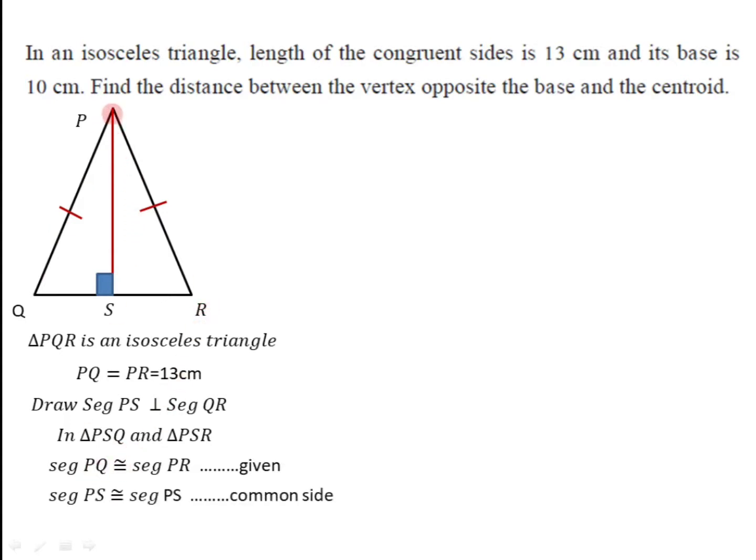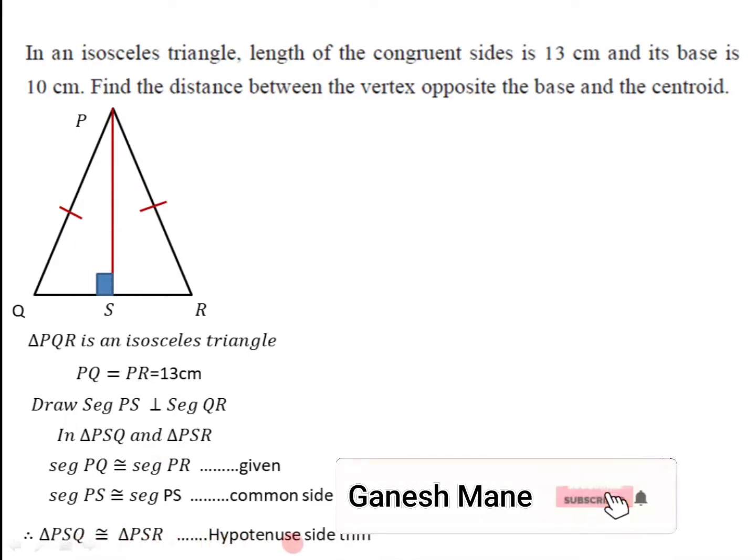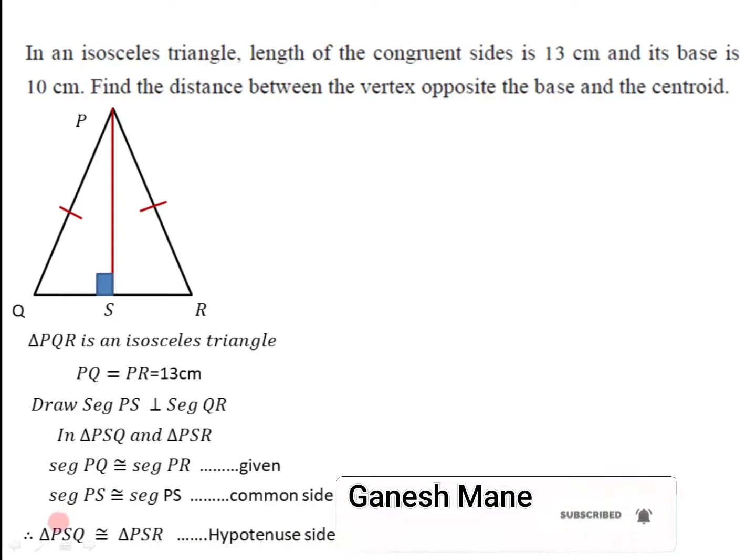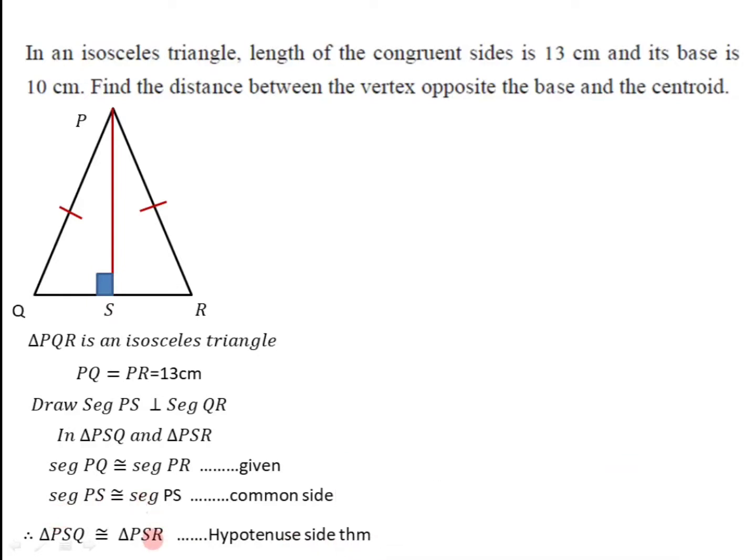Then we have segment PS congruent to segment PS as a common side for both of these two triangles. PQ and PR are the hypotenuse and PS is one side of these triangles. That's why these two triangles must be congruent by hypotenuse side theorem. That is, triangle PSQ is congruent to triangle PSR by hypotenuse side theorem.